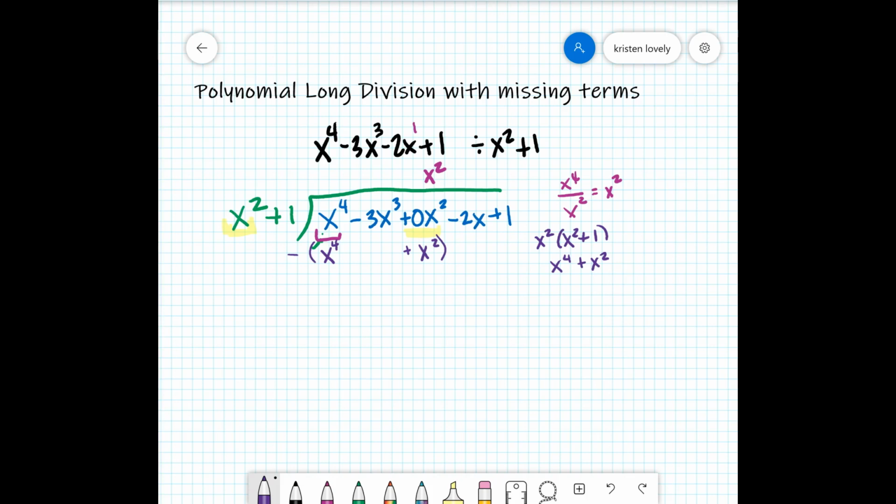Now I'm going to subtract. So x to the fourth minus x to the fourth cancels out. Negative 3x cubed, essentially minus nothing, is negative 3x cubed, and then 0x squared minus 1x squared is negative 1x squared. Again, I'm going to start this process again.